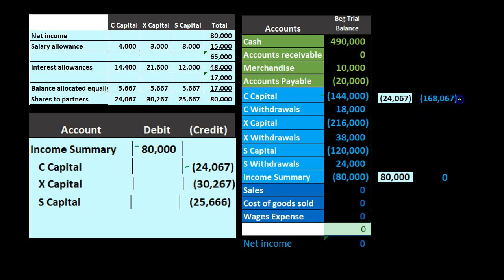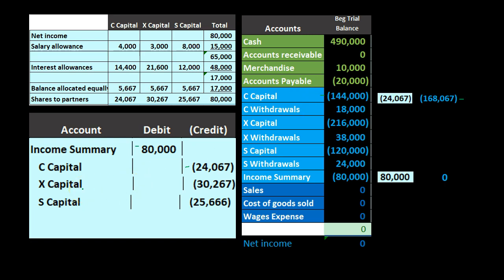Note what the capital account is here. It's basically a claim by the owners to the assets minus the liabilities of the business. So this is tracking what this individual owner has in a sense in the business. Assets minus liabilities is the equity section. This is this particular portion of that equity section.